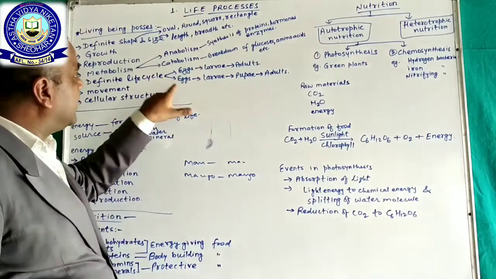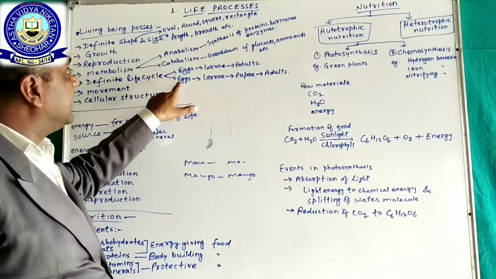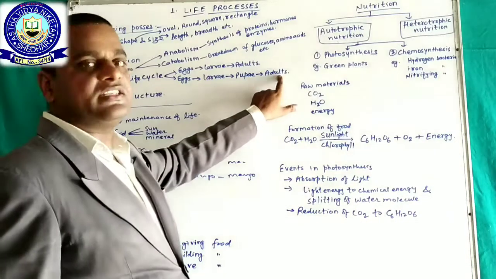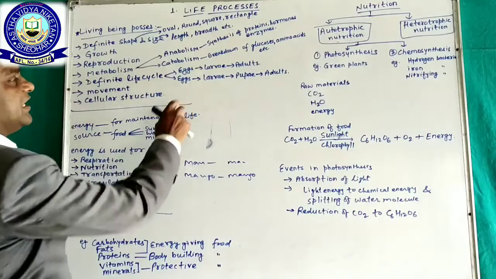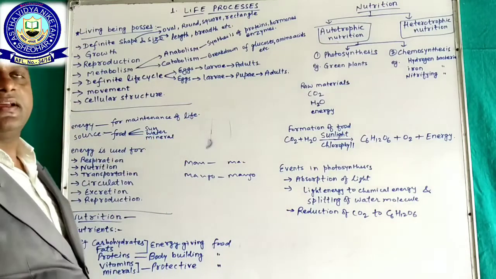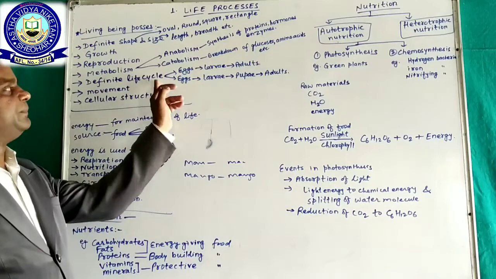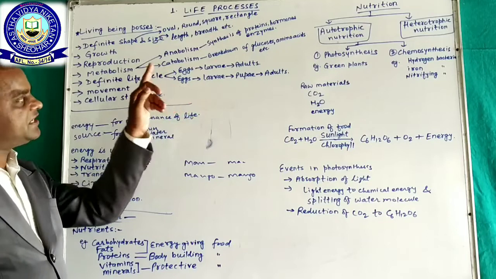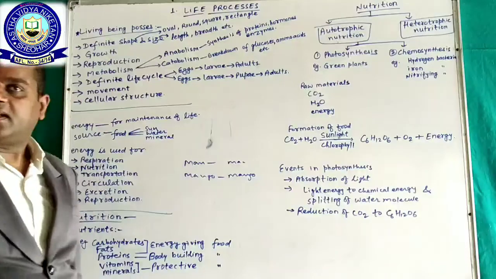So again we can say in a butterfly there are eggs, larvae, pupae and adults. In this way we see the different stages in life. That's why it is called a definite life cycle. Every species has to pass this kind of life cycle.